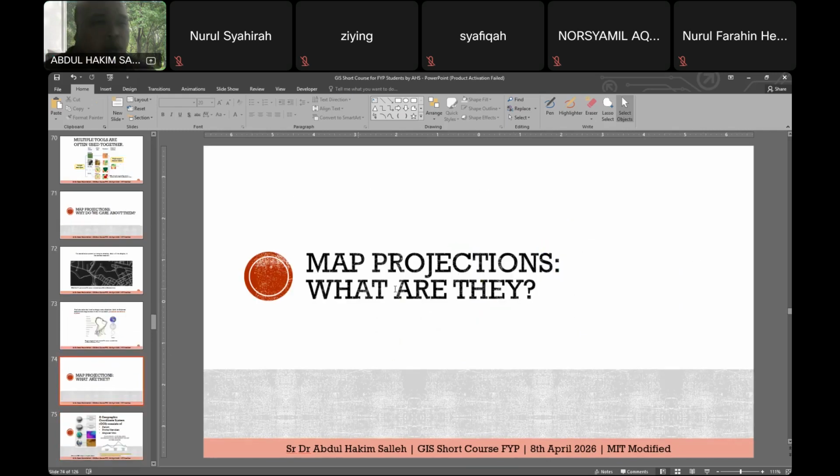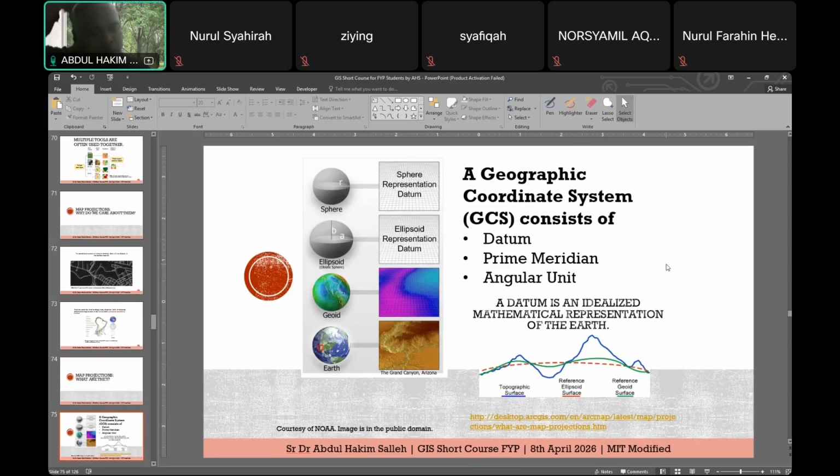Map projections, what are they? I repeatedly say projections are important, coordinates are important. That will represent spatial data and so on. Okay, now the true form of the Earth is like this.